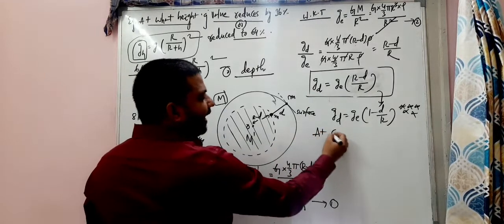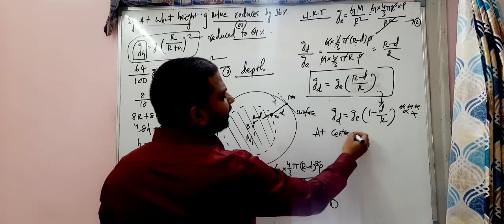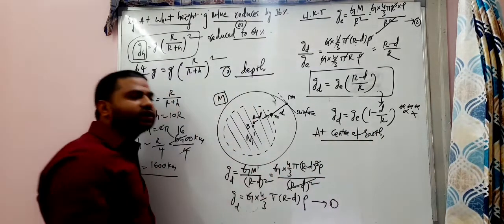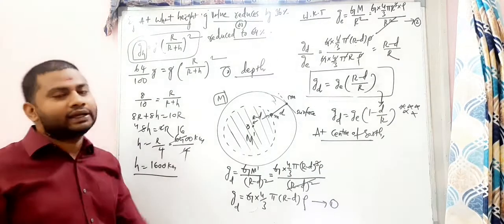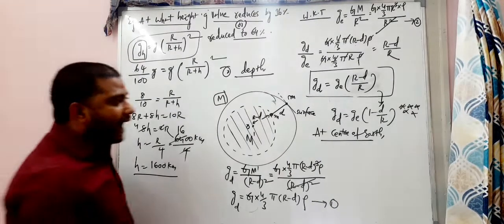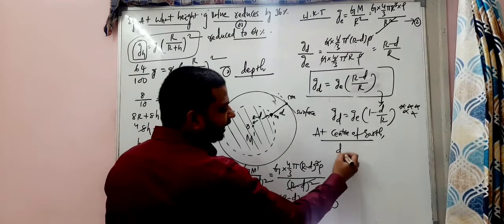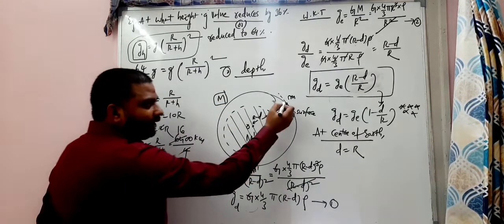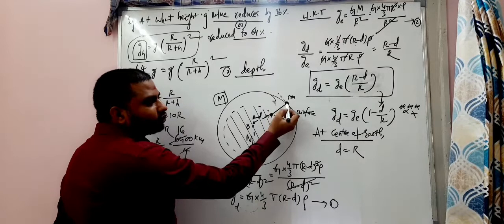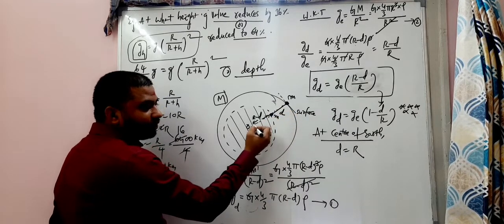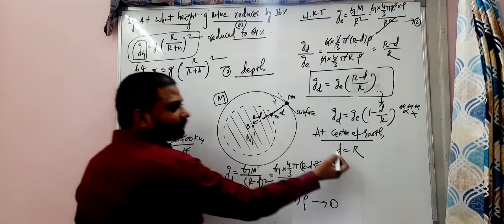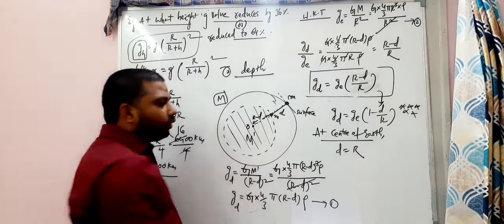Now, if I concentrate at the center of the earth, carefully observe, let us see how this equation looks. At the center of the earth, the depth we have taken must be equal to the radius. See, I am taking the body to some depth, to the center, so the depth taken is equal to the radius.